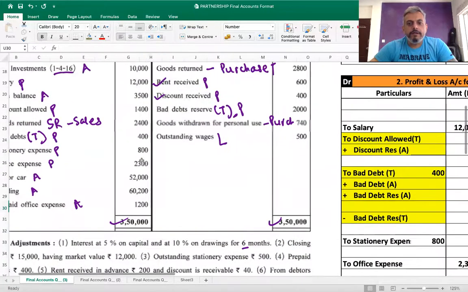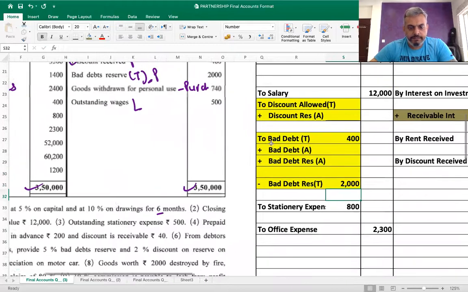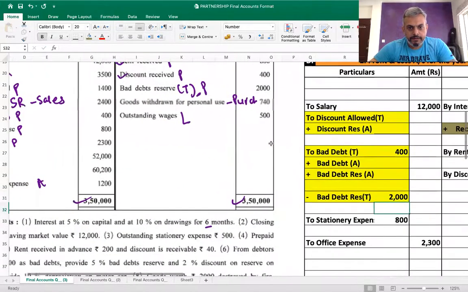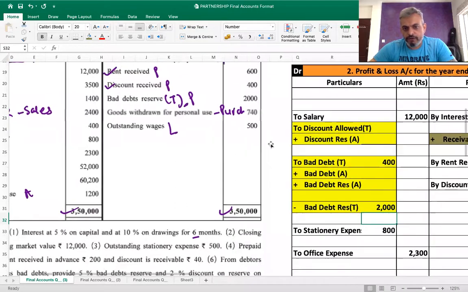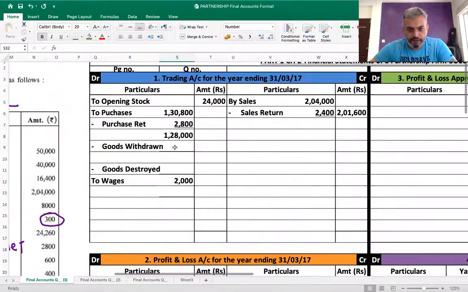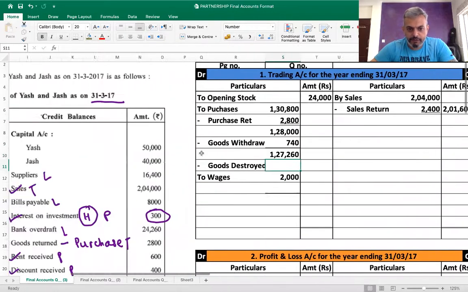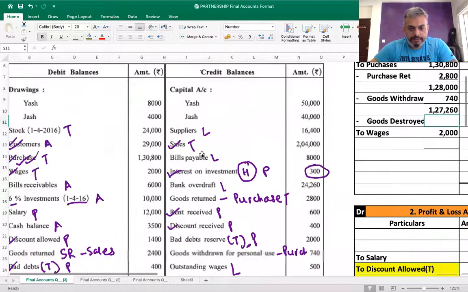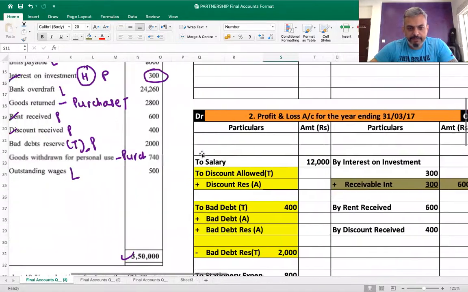Next, bad debt reserve as per trial balance. We already have made the format 2000. Next, goods withdrawn for personal use. Deduct from purchase 740. So let's calculate 1,27,260. Okay. Then outstanding wages liability 500.